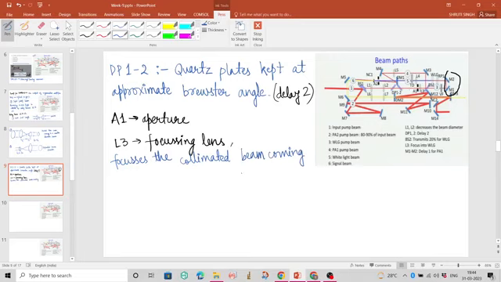So L3 focuses that collimated beam for white light generation.